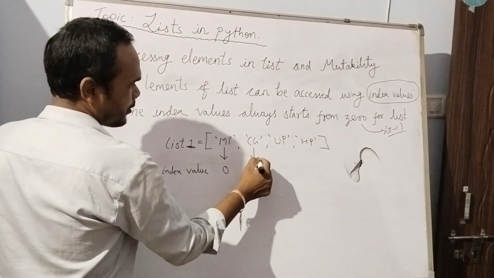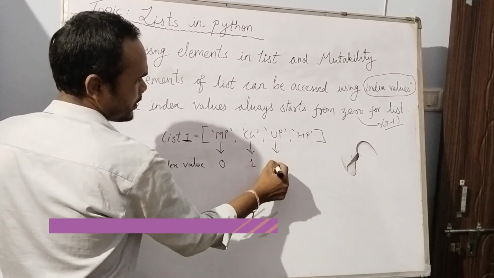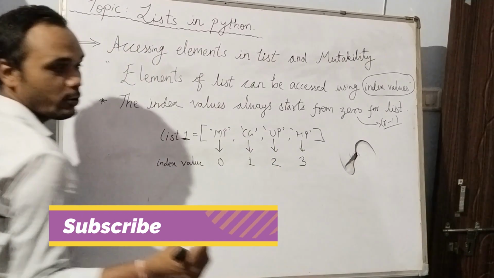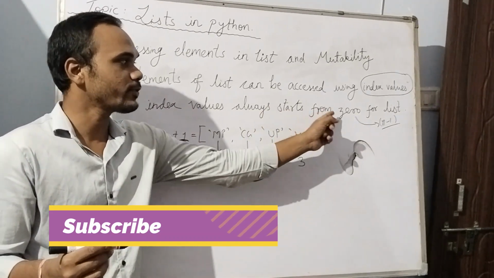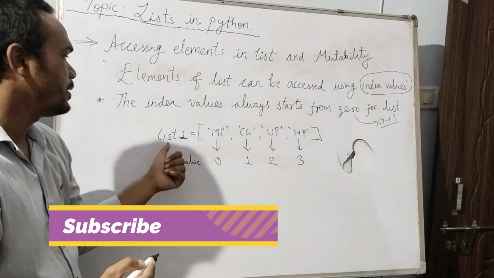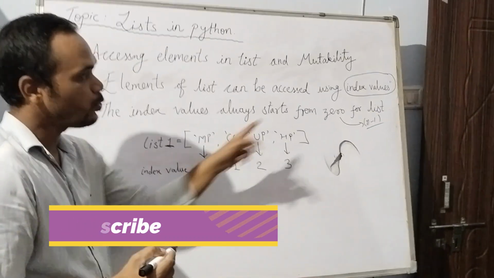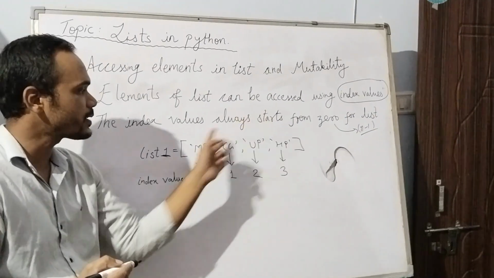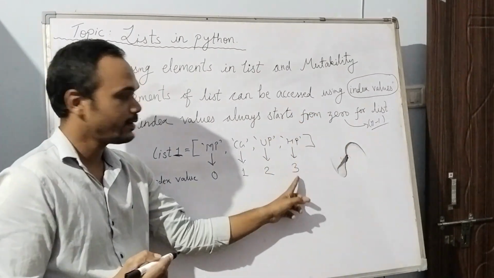In the same way, for CG it will be 1, for UP it will be 2, and for HP it will be 3. Index values always start from 0 in a list, and go up to n minus 1, where n is the number of elements, say 4. So 4 minus 1 is 3.